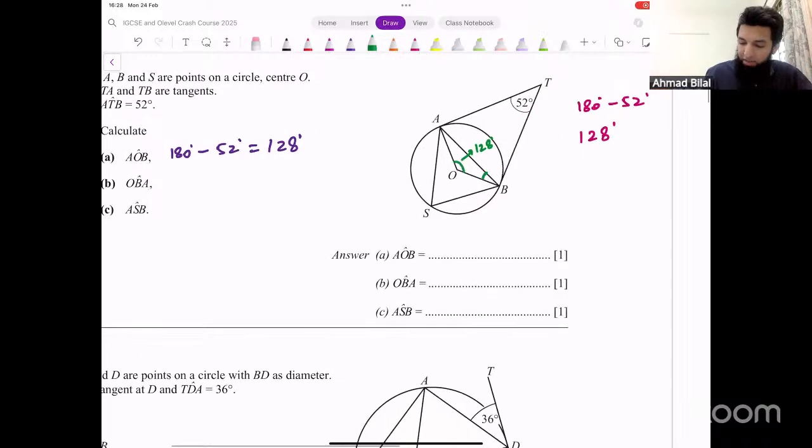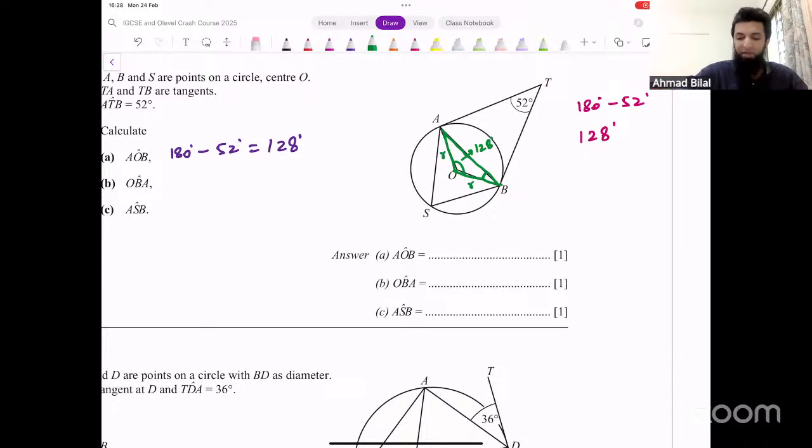Now, how do you find this angle? We have the center of the circle here, and these two lines are the radii of this triangle. If you're looking at this triangle, it's an isosceles triangle. Why? Because two sides are equal. This is radius, this is radius.